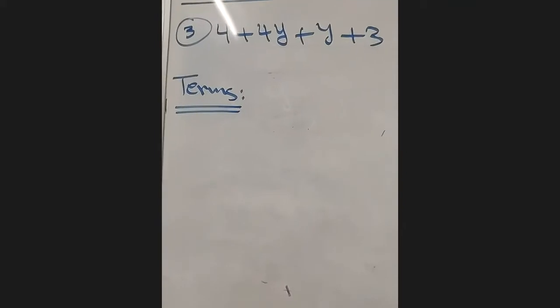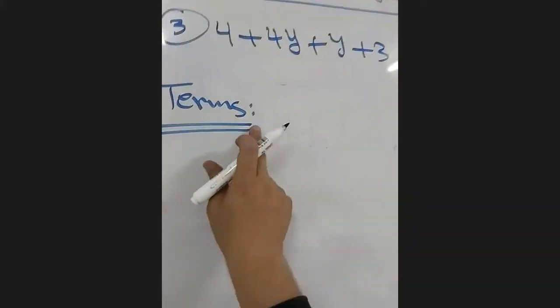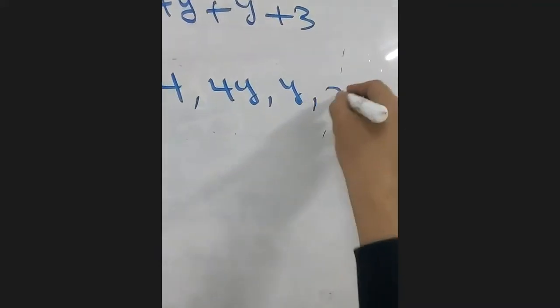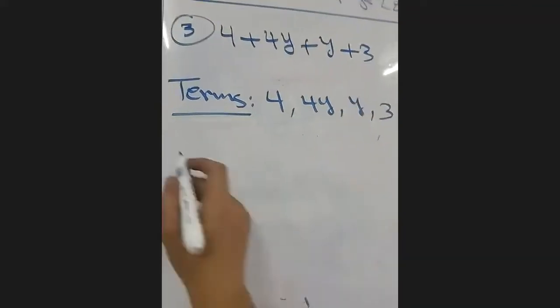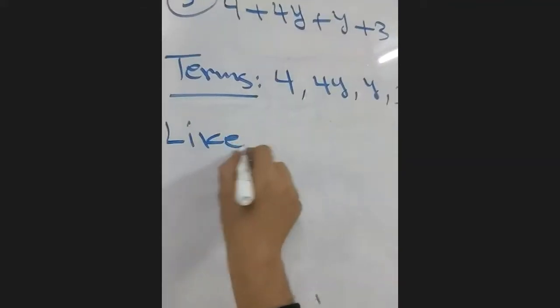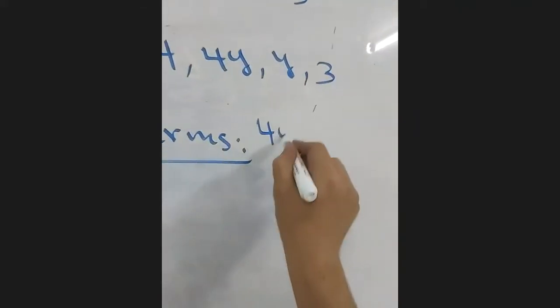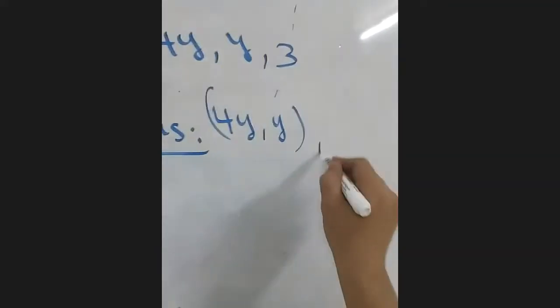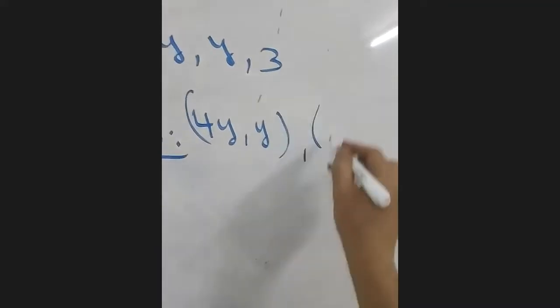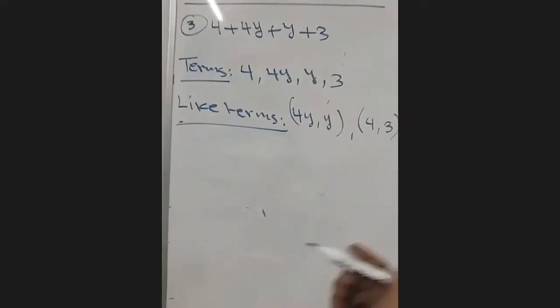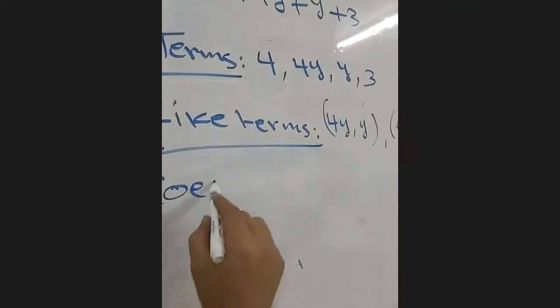What are the terms? 4, 4y, y, and 3. These are the terms. What are the like terms? We have 4y and y together, 4 and 3 together, right? These are the like terms. What are the coefficients?